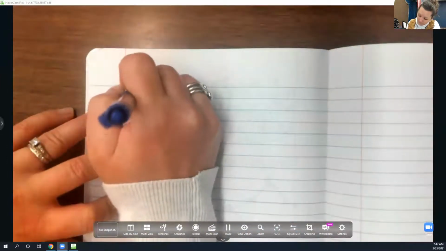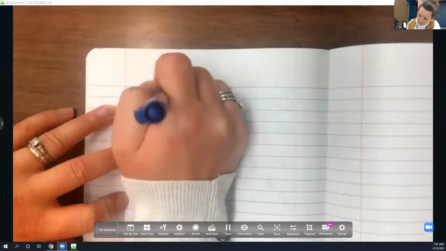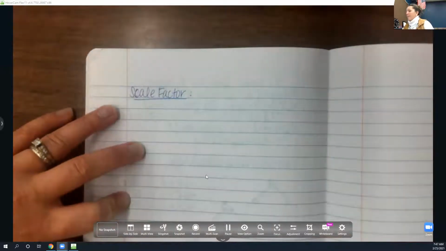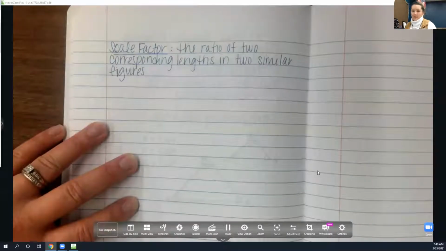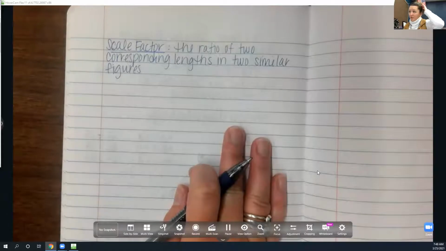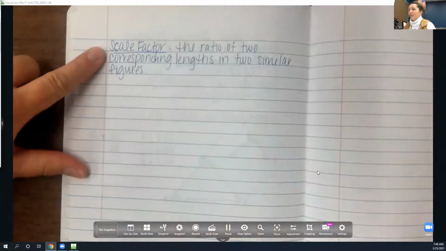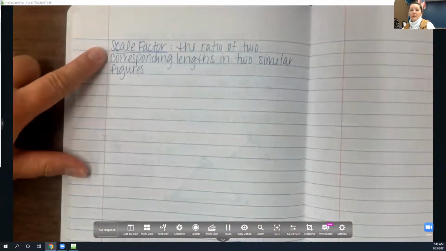So let's talk about this word, scale factor. Okay, so here is our definition of scale factor. Scale factor is the ratio of two corresponding lengths in two similar figures.